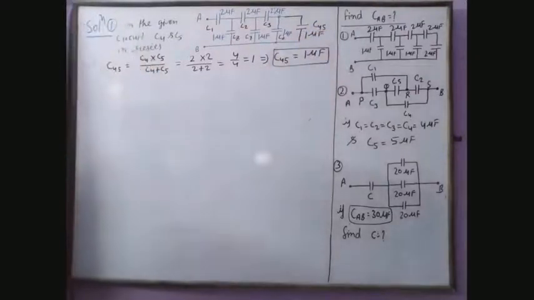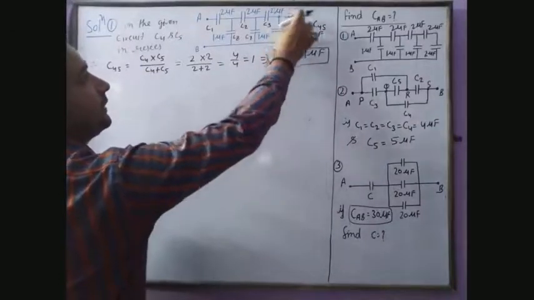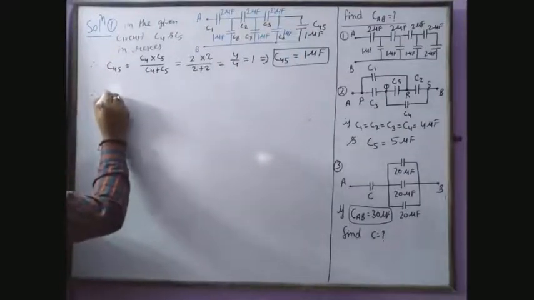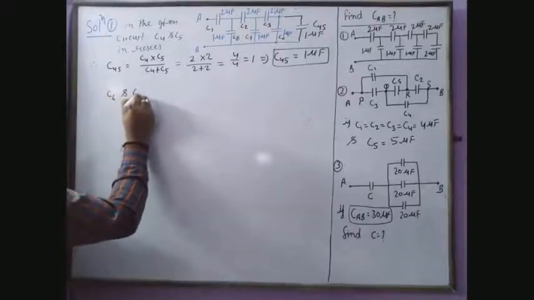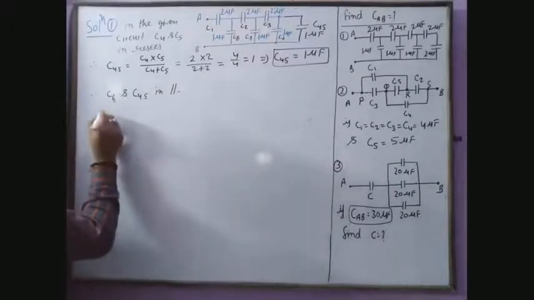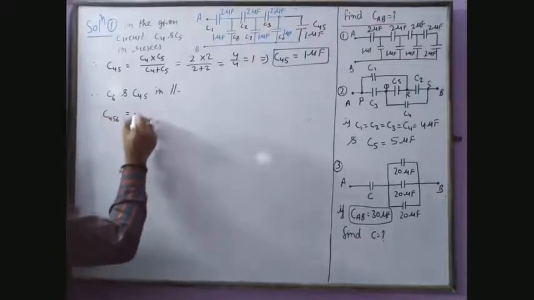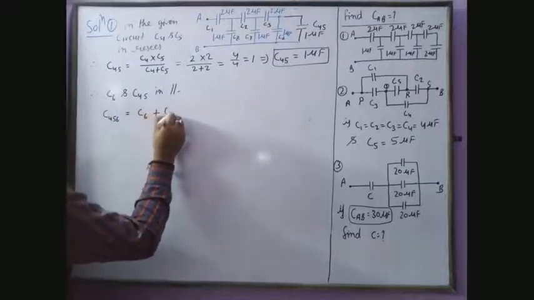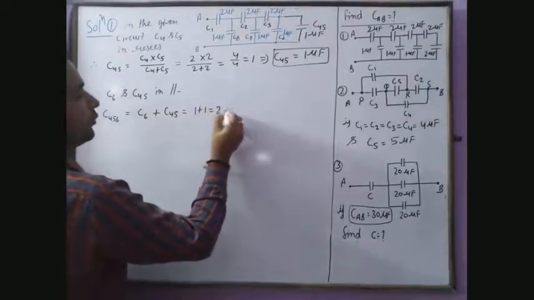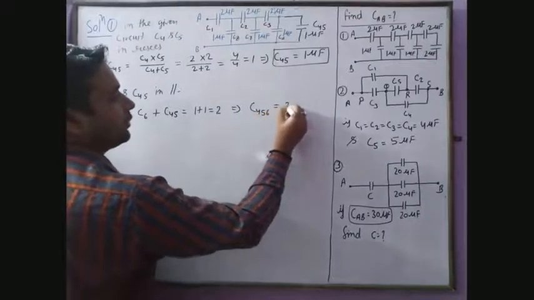Okay, now you can easily observe here that C45 and C6, between the two points, are in parallel. Therefore C6 and C45 are in parallel. Then you will calculate C456, and you know that this result is C6 plus C45, which you calculate here: 1 plus 1 is equal to 2, that is, C456 is equal to 2 microfarad.